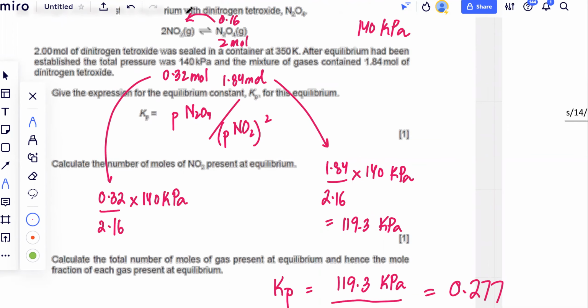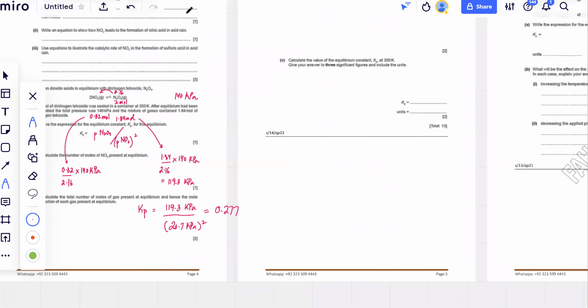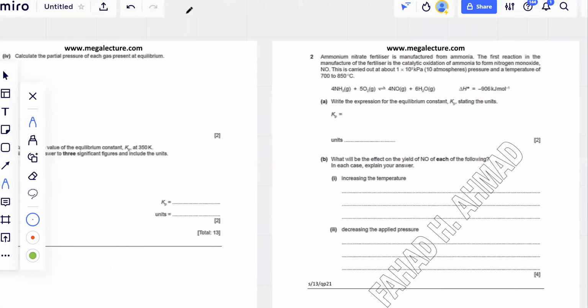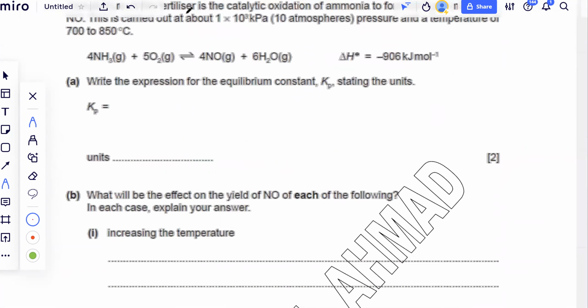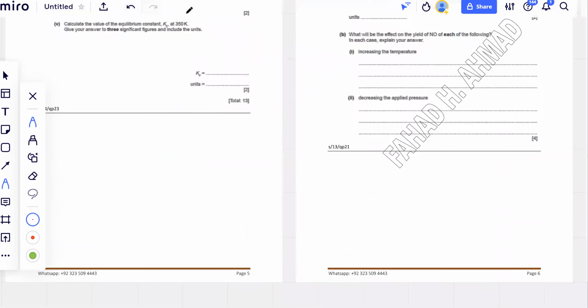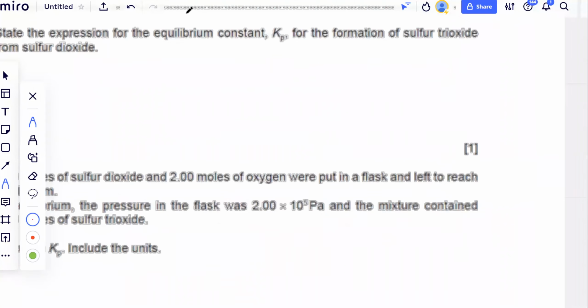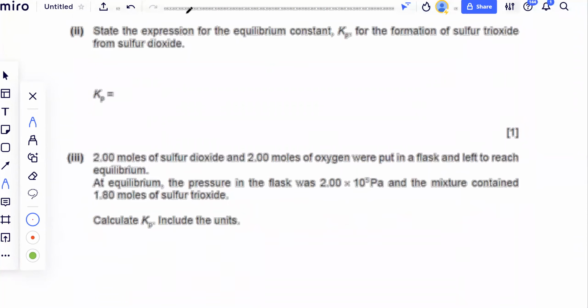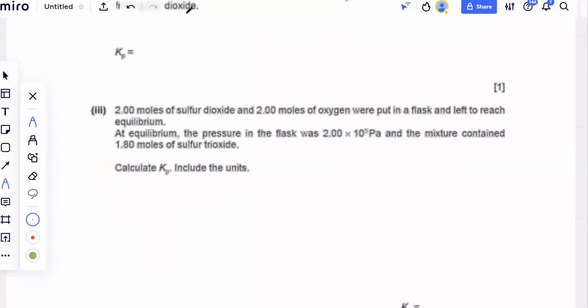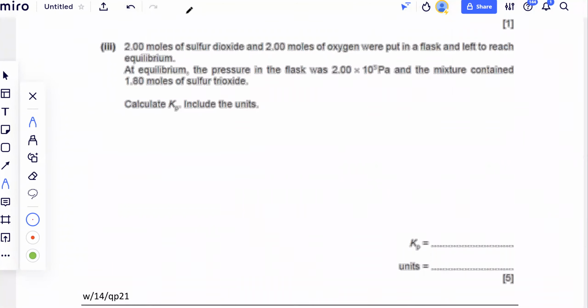We did this one. You can go through a few more questions. Most of the questions are going to be straightforward. You just have to find the value of Kp. So try calculating the whole of it.